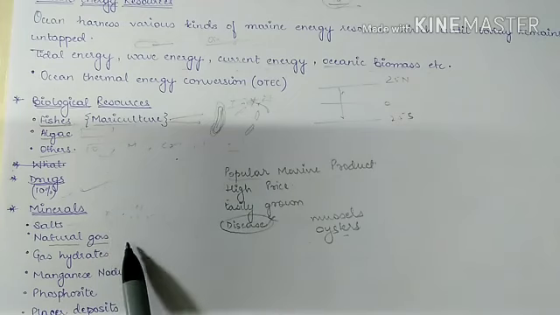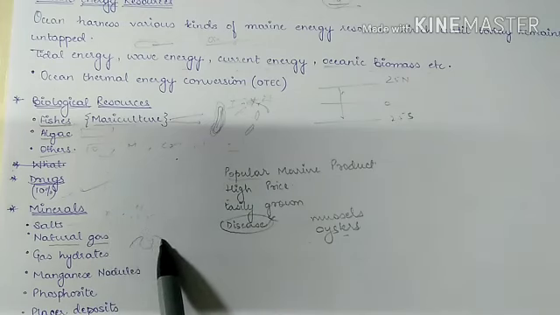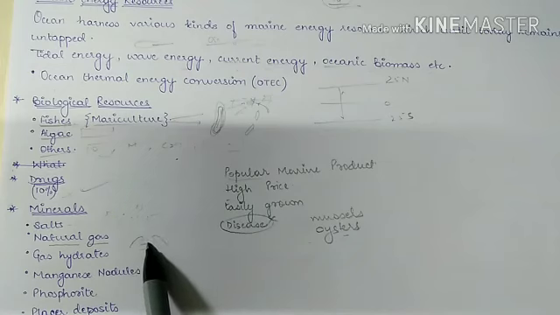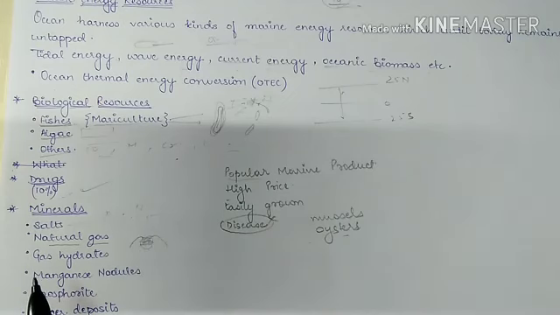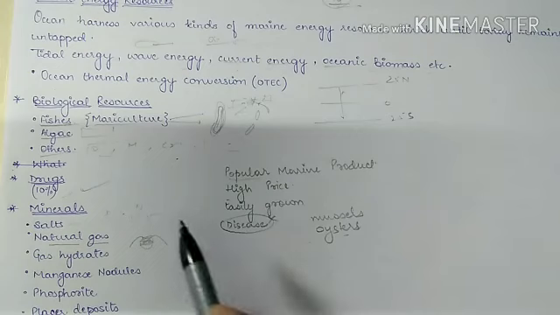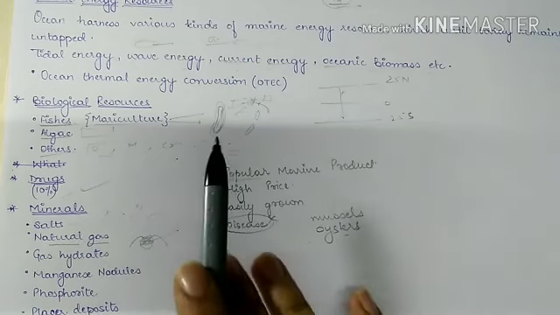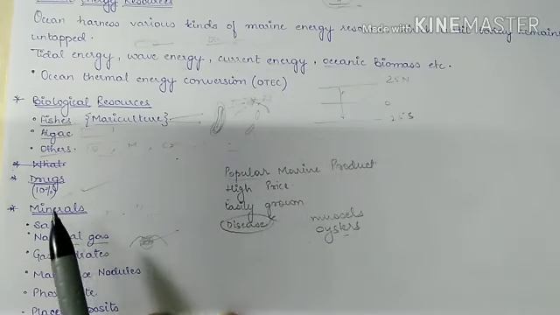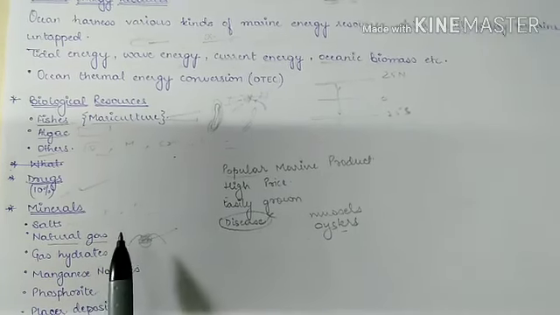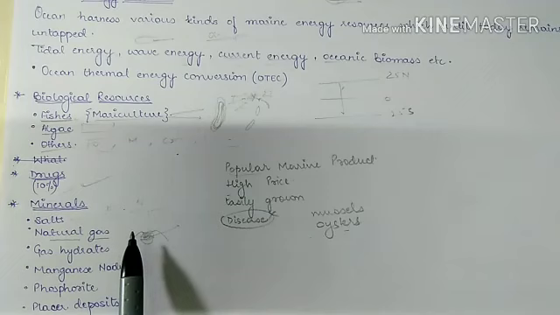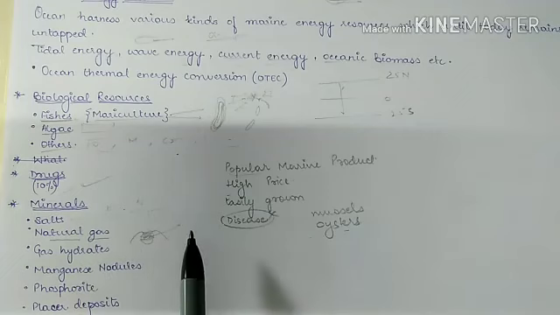So this is a reservoir rock, and if we have oil here, then up to here we will have gas. This gas is also a mineral resource which we can get from oceans. These gases are commercial products.